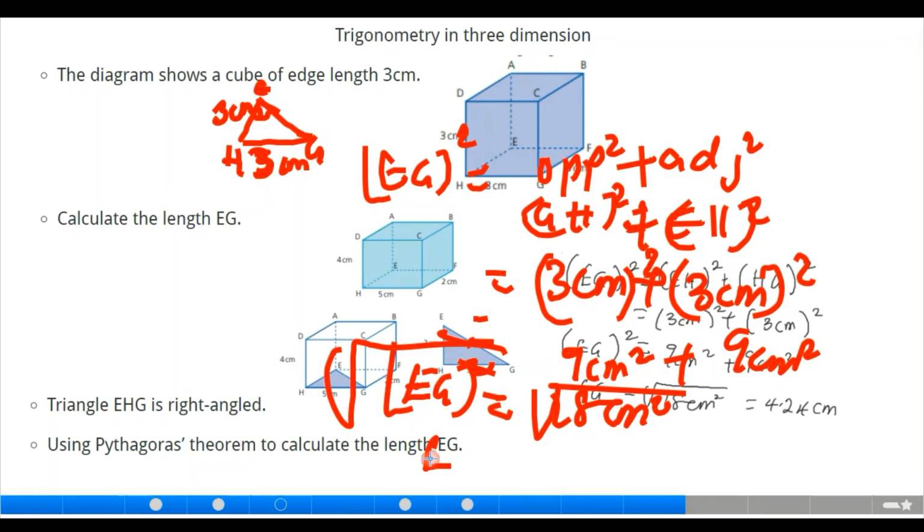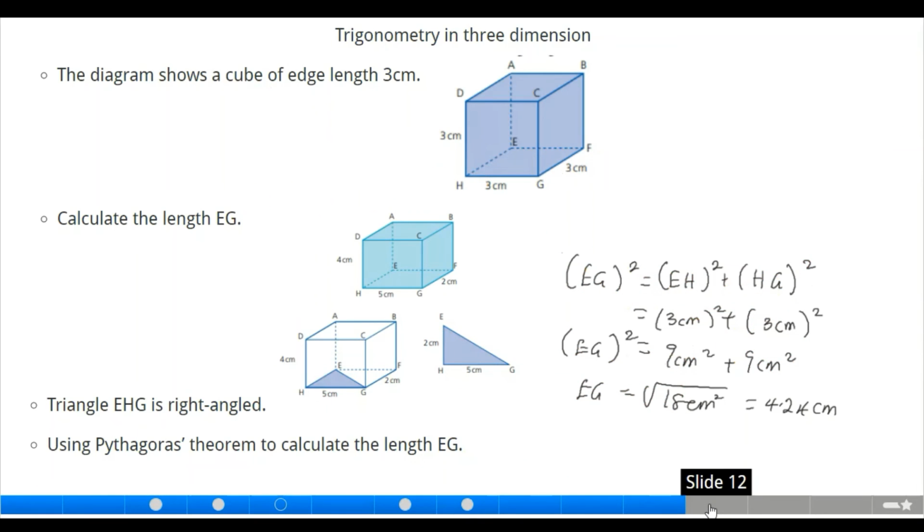So we have EG equals root 18 centimeters. So if we have that, root 18 will give us 4.24 centimeters to two decimal places. So that gives us the answer to that given problem.